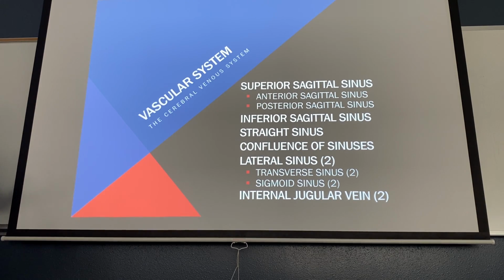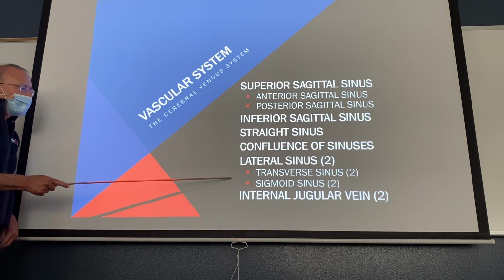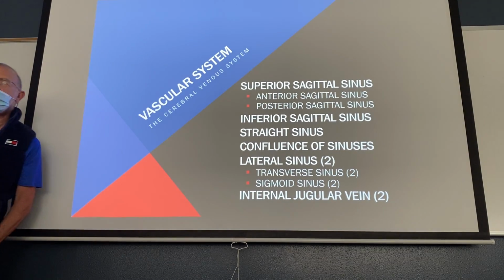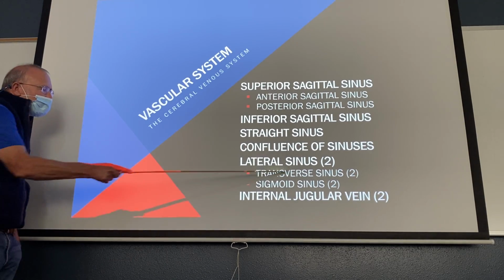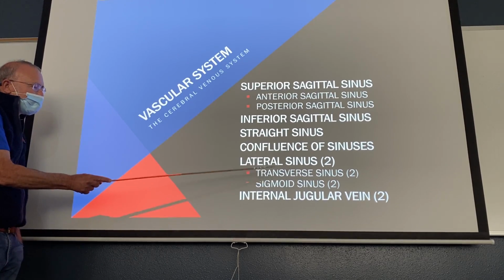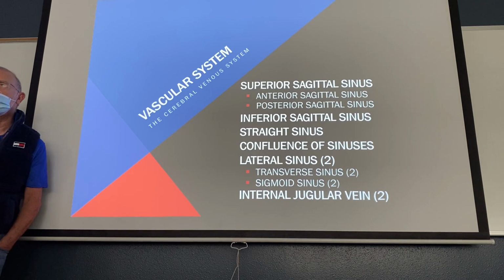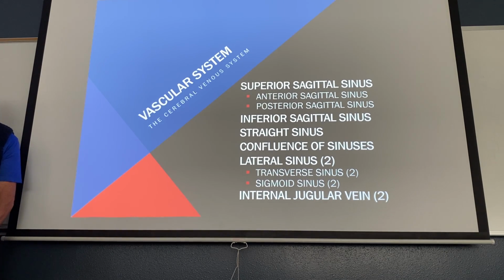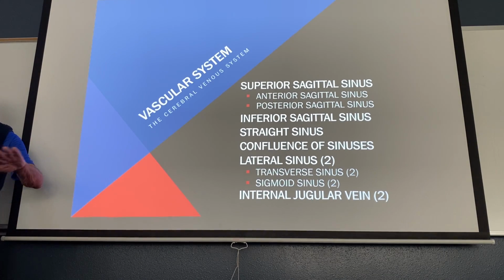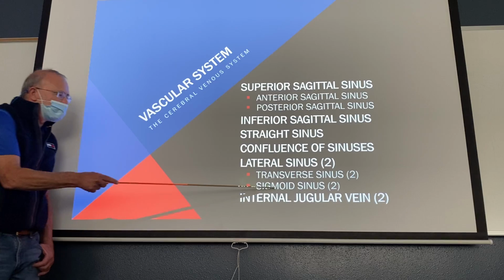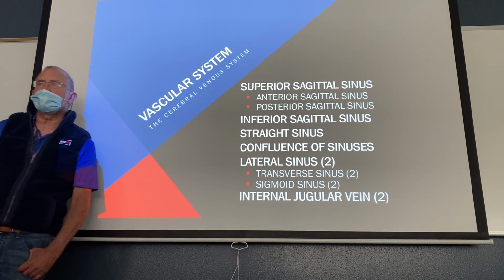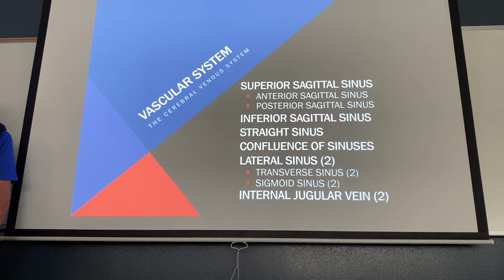Then as you work your way down toward the base of the skull, it's going to form two major tracts on either side, right and left, generally called lateral sinuses, but the one we're going to focus on initially is called the transverse sinus. They run basically transverse along the brain, then follow the petrous bone and make an S-turn, and that portion is referred to as the sigmoid sinus.